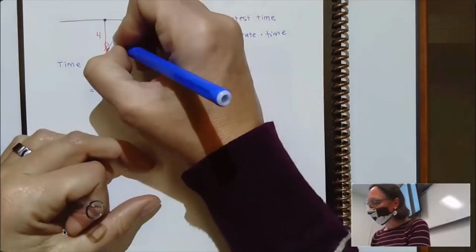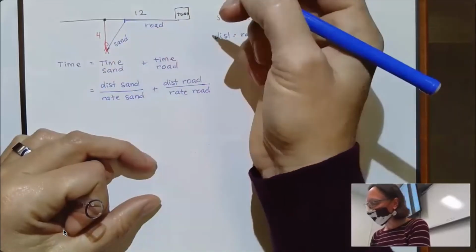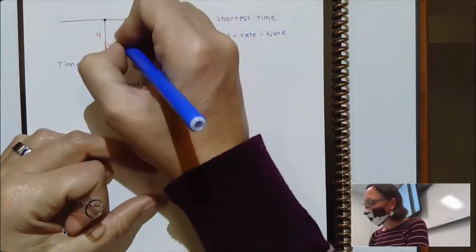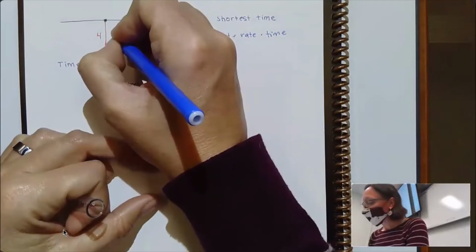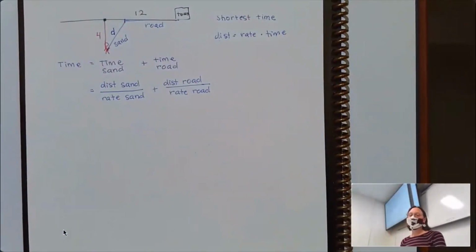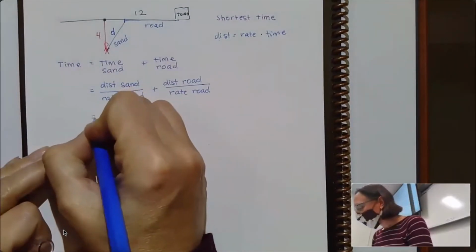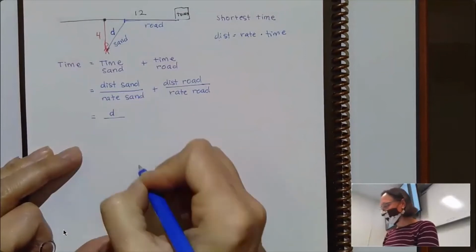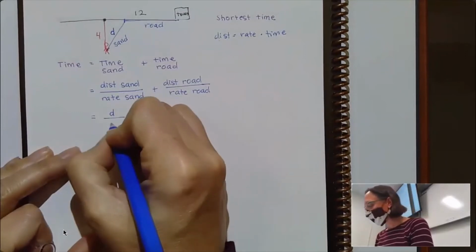So instead of calling it an S for sand, I'm going to call it a D for sand. I'm going to call D that distance in the sand. And the rate in the sand is 4.